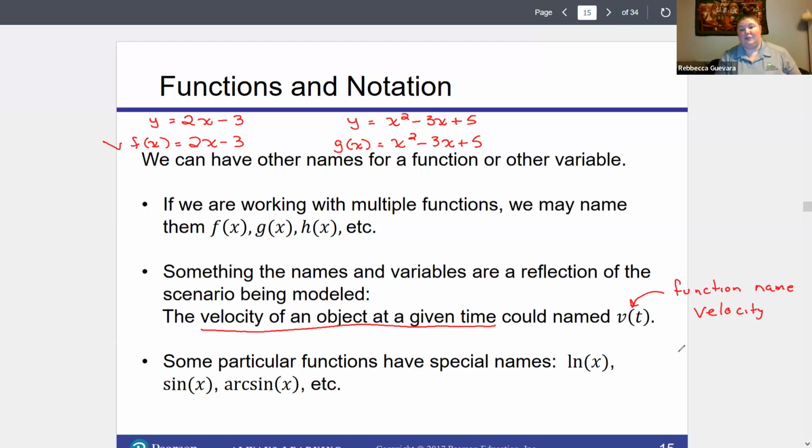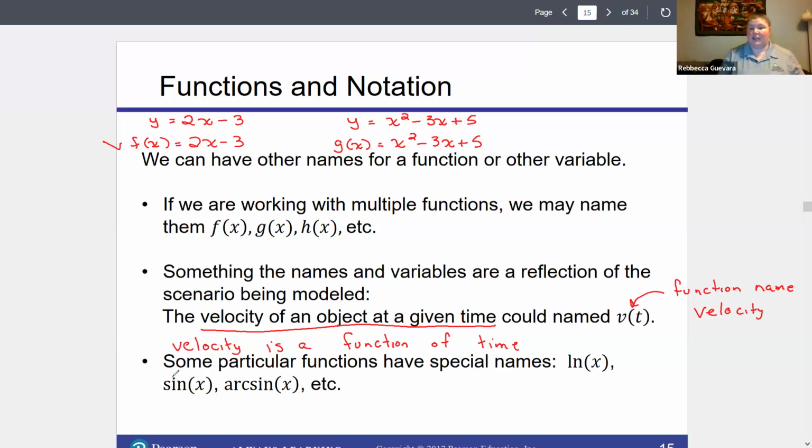And velocity is a function of time. So what we're saying is when time changes, then the velocity changes. So velocity is dependent upon that time.